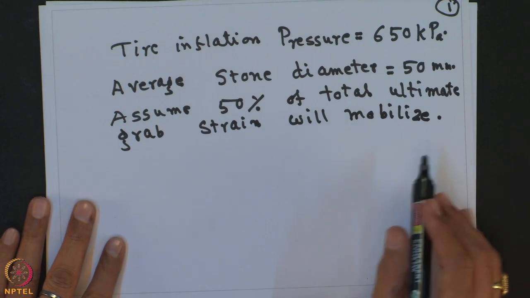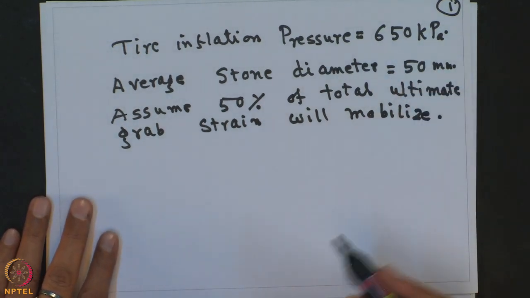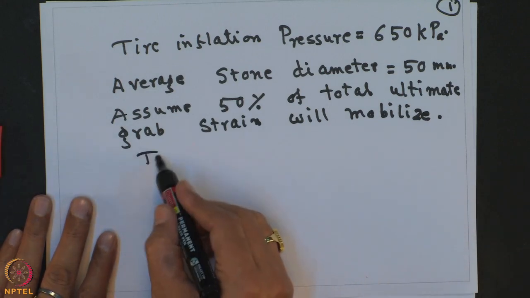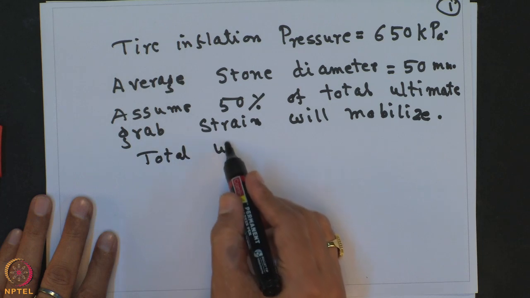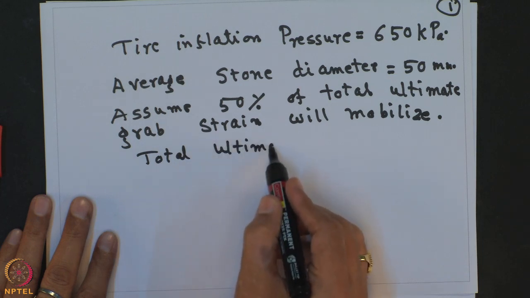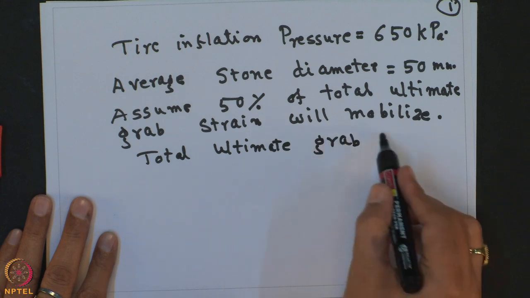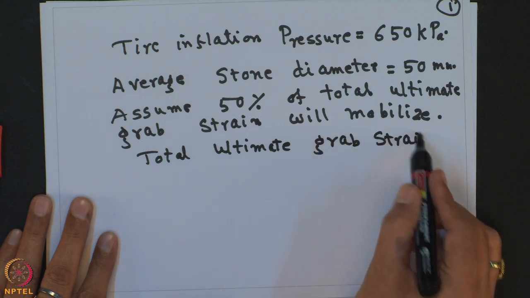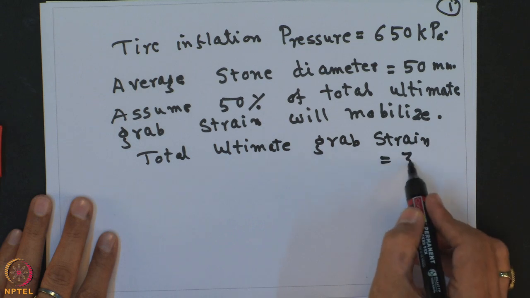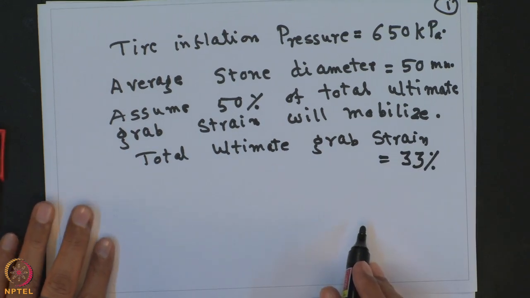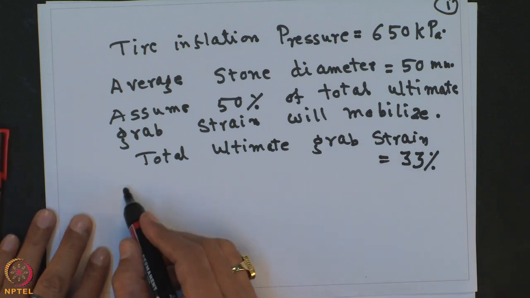So, we know that the total ultimate grab strain is equal to 33%. I have shown you earlier. Now, what should be the mobilized grab strain?